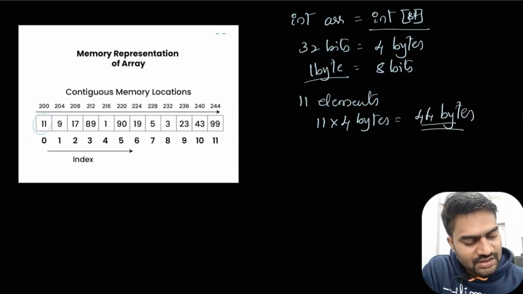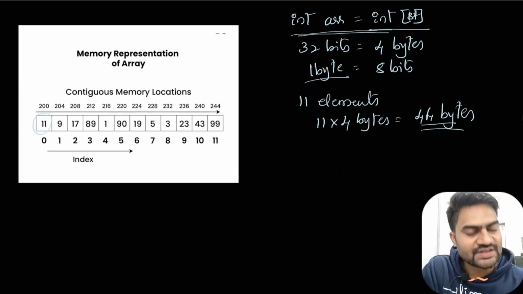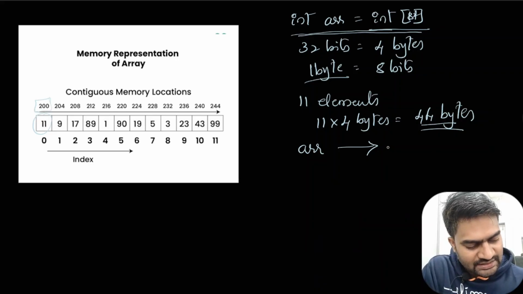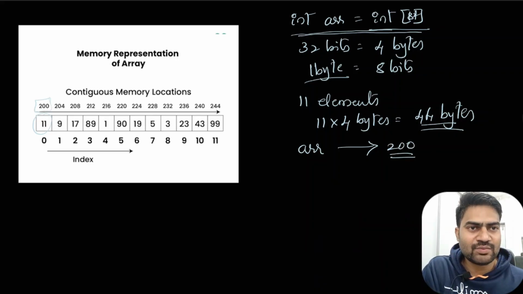Now when our program executes, how does the memory allocation happen? Randomly it will allocate some memory to this array. So this array will be allocated with some memory, let us say 200 in this example. It can be anything. This 200 is a decimal number here, but in a real case it won't be the case.